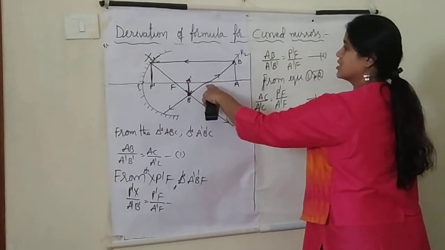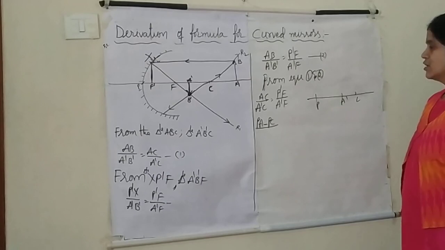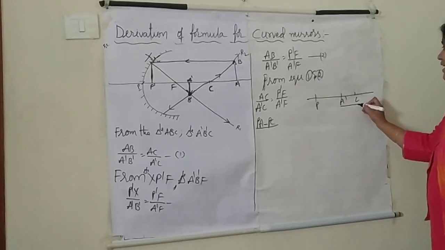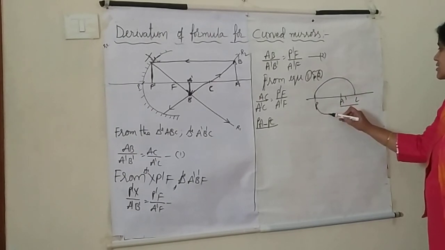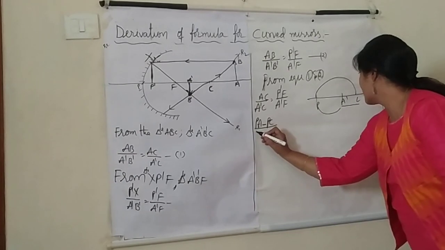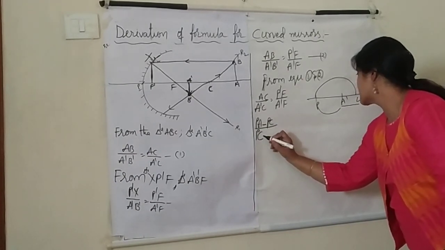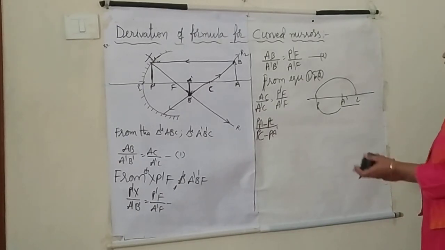Here P, somewhere here A dash, and here you have C. You want the distance A dash C. How will you find it? PC minus PA dash. So instead of A dash C, I am going to write PC minus PA dash. Clear? Next.